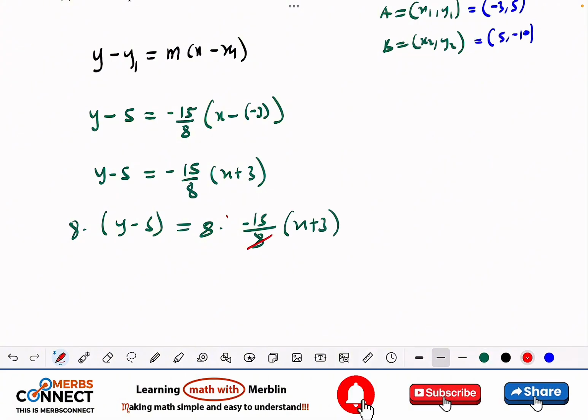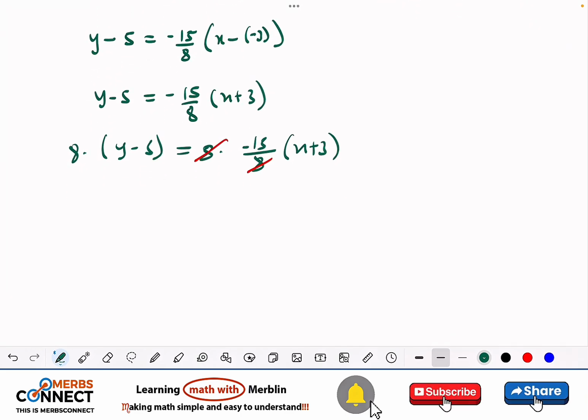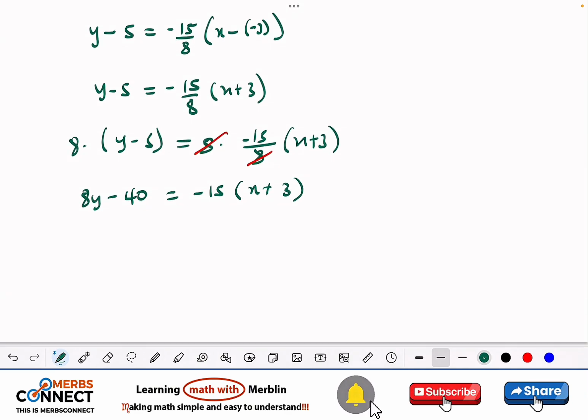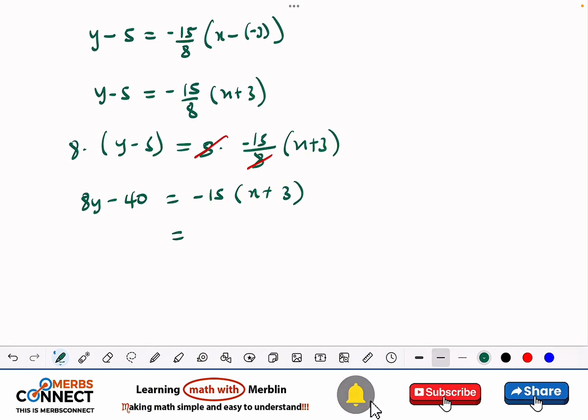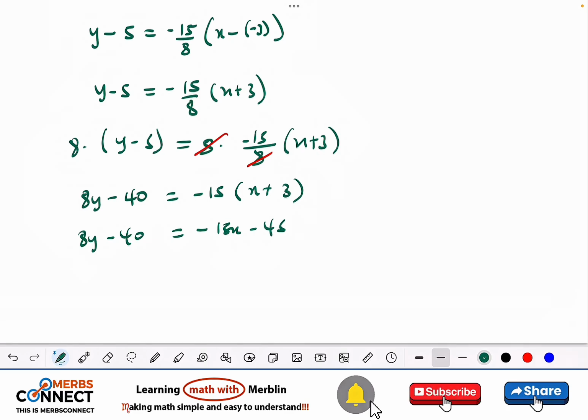So this 8 will cancel this 8, and I'm going to have 8y minus 8 times 5, which is 40, equal to minus 15 times x plus 3. Let's multiply them through: 8y minus 40 is equal to minus 15x. Then 15 times 3 is minus 45, because it's minus.